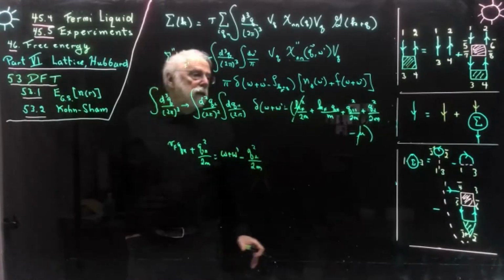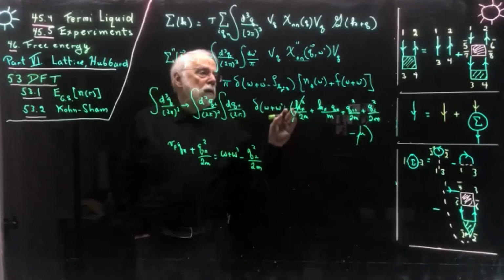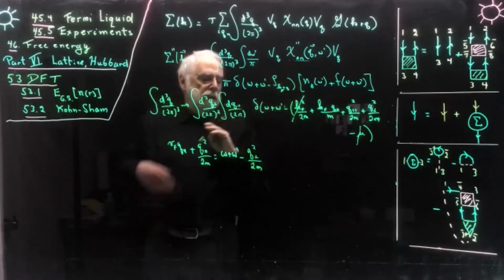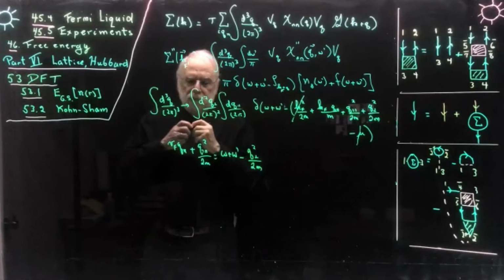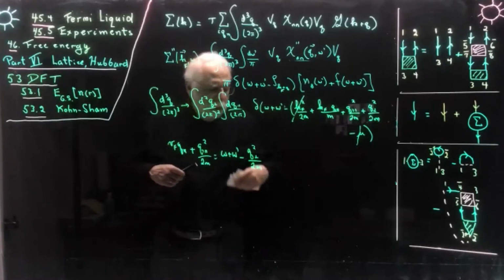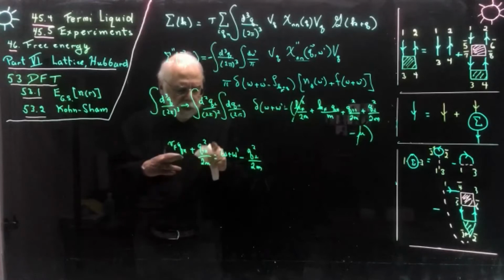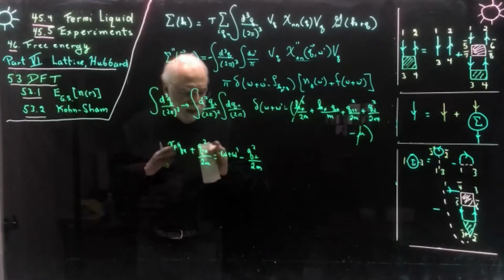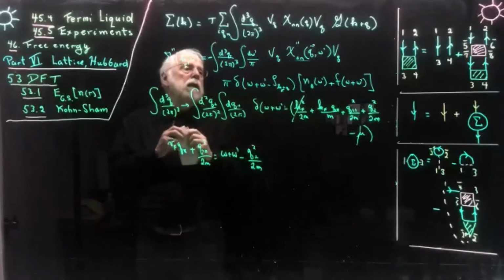Okay, and so now if I go back to this expression, I can do the q parallel integral. I just have to remember that the solution of q parallel is this, okay?